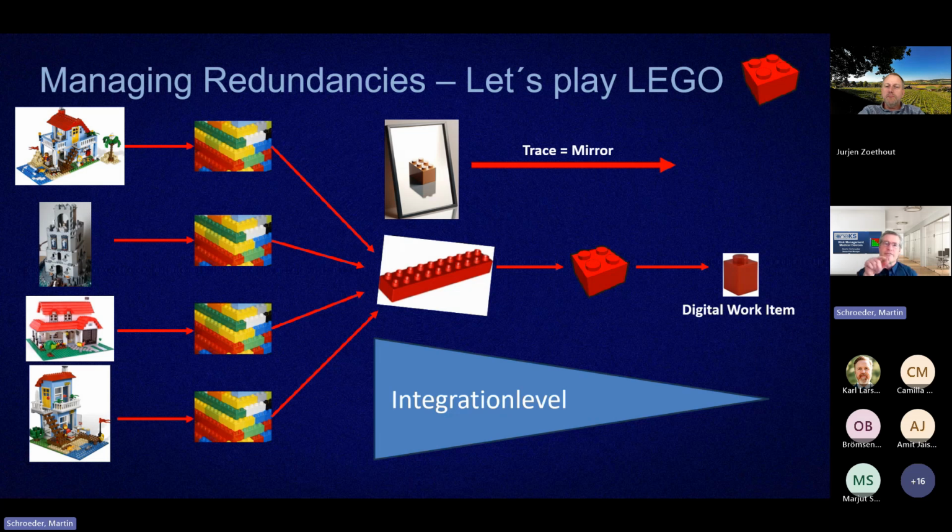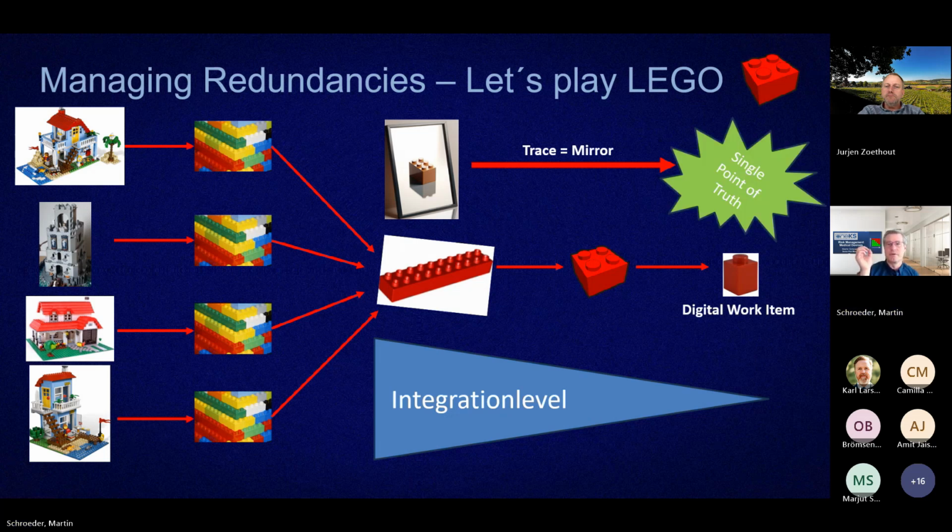This way, the information is mirrored all the way down to your product. Everywhere the information is needed, it's shown, but it is only maintained and defined in a single point of truth. And that is the important aspect of such non-redundant information management, that you try to define only one point in your system where you define and maintain this smallest kind of information.